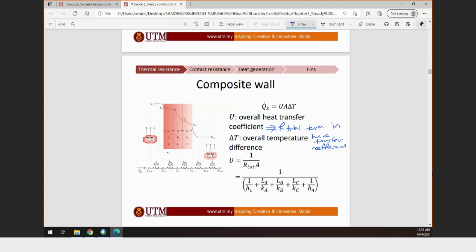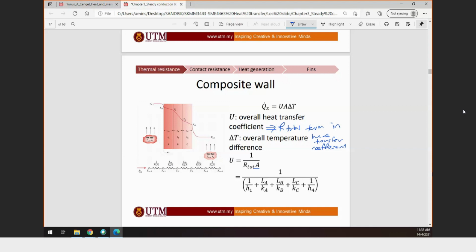Whether you use R total or U is the same thing, by assuming that the area across the system is the same, but in my case I prefer to use R total rather than U. So if you find U terms in the textbook, don't be confused.